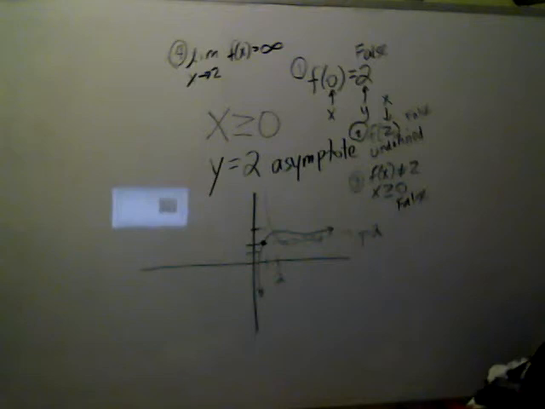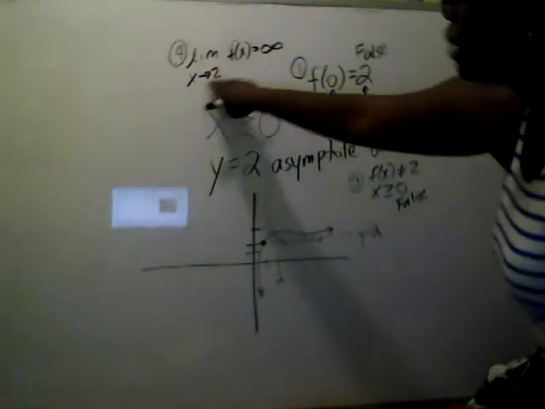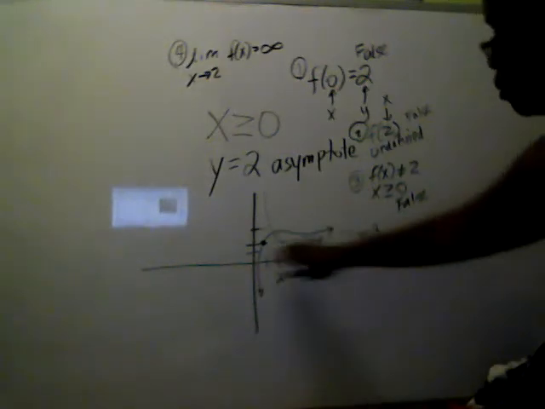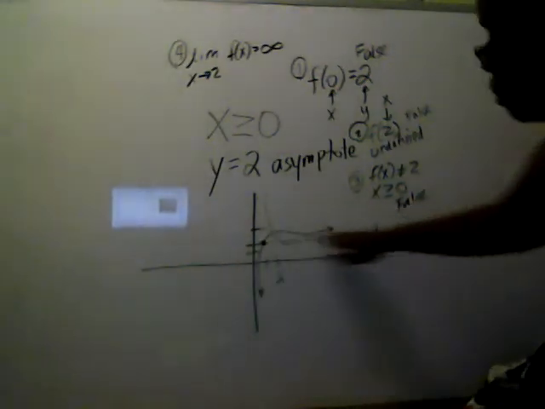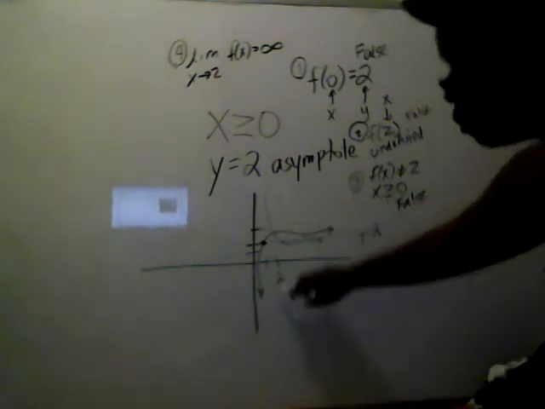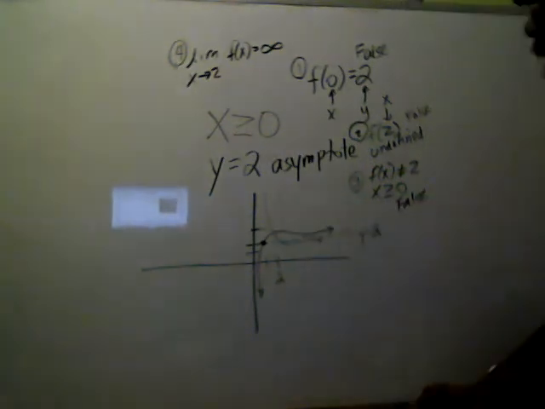Now the only issue with that statement is, again, it's based off of when x is 2. We don't know what happens when x is 2. All we know is what happens when y equals 2. That's where our asymptote is. Because we don't know anything about what's happening when x is 2, we can't say for sure whether that's true or false. So we'd have to say it's false since we don't know that it's 100% true.